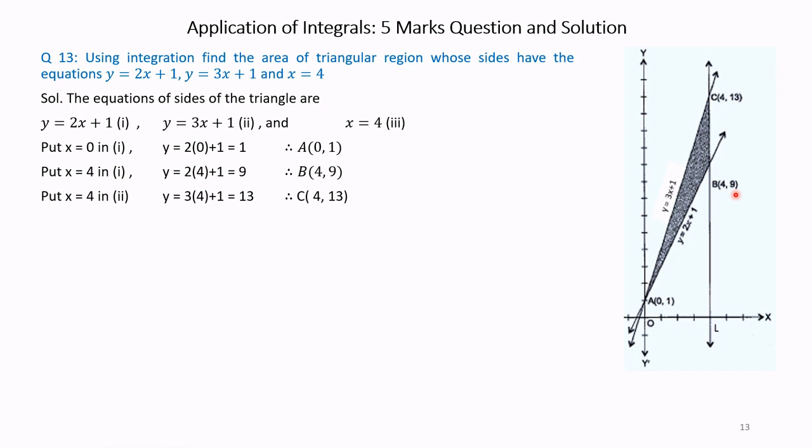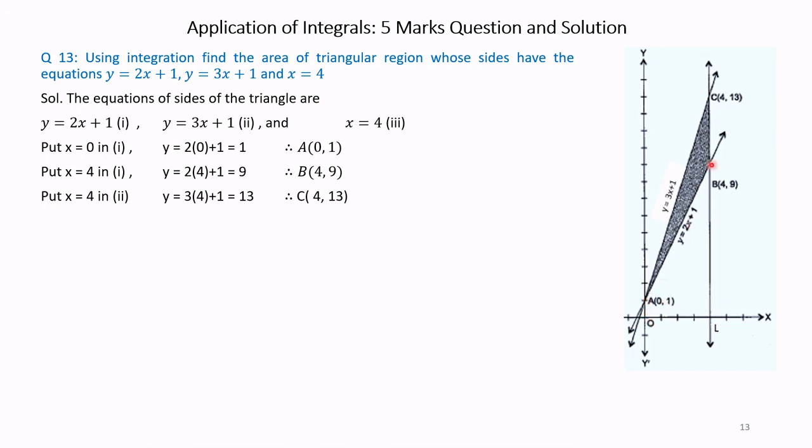Similarly, the third case, when x is equal to 4, y is 13. That is point C in this equation. And this is plotted in the graph as C within brackets (4, 13), that is x is 4, y is 13. All these three points A, B, C are joined. Now we are required to find the area of triangle ABC.